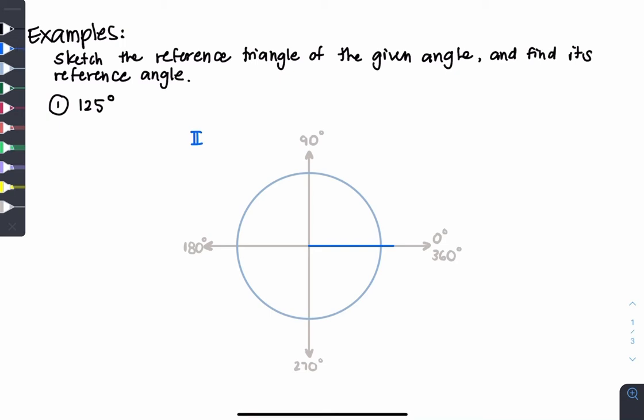Let this blue line be the terminal side of 125. It would open all the way up to about here. So that means from 0 to this is 125 degrees.